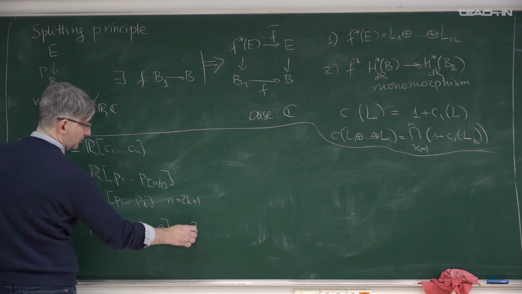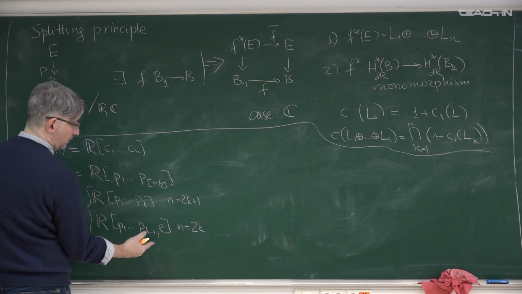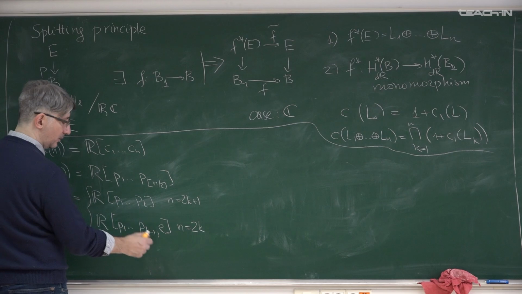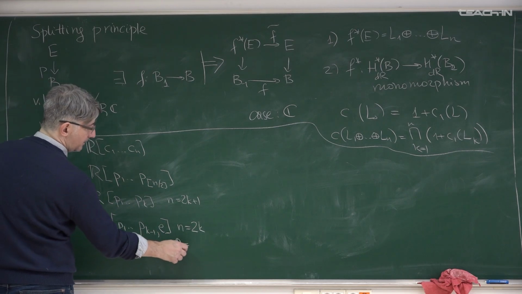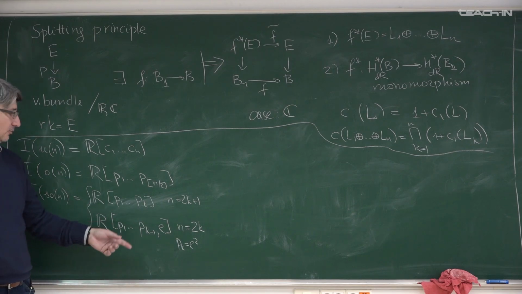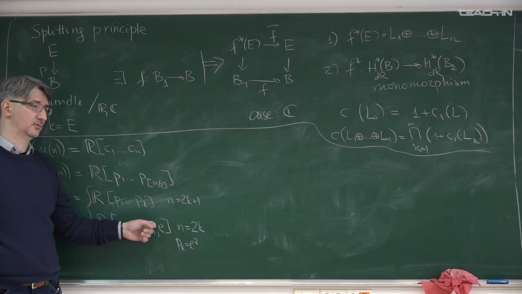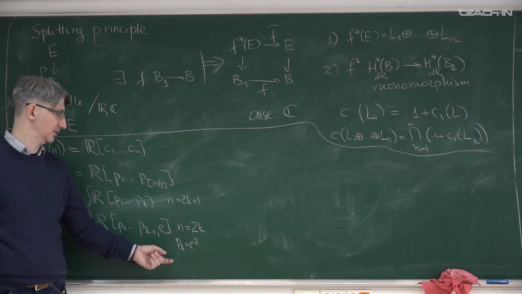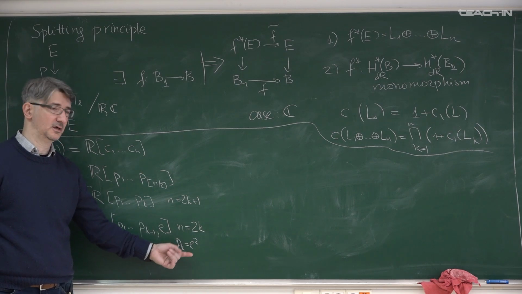So n is equal to 2k, and you still have the Pontryagin class with number k, but it is e squared. So you can do two things. You can add the Euler class here, but you need to impose this relation. Otherwise, you can write a polynomial ring on these generators, but you should remember that pk is e squared.